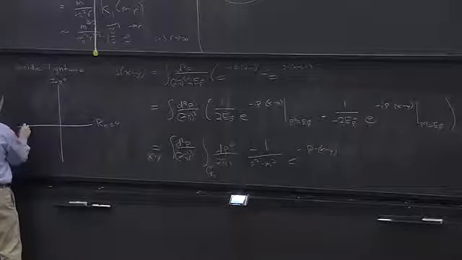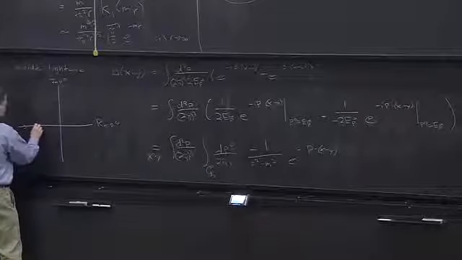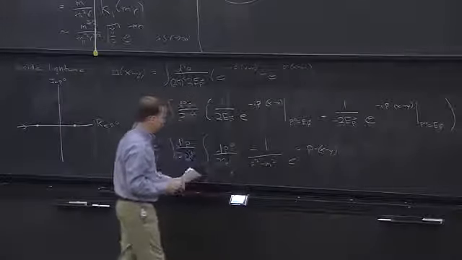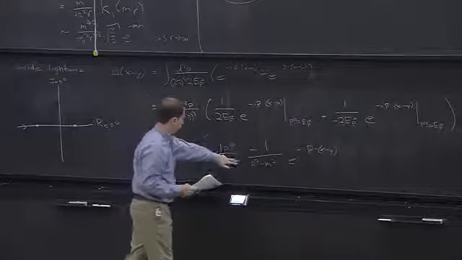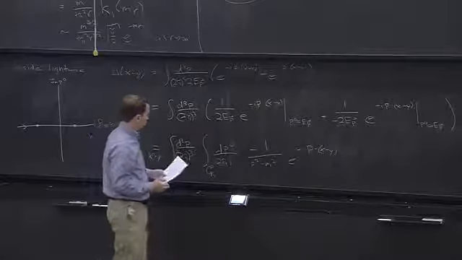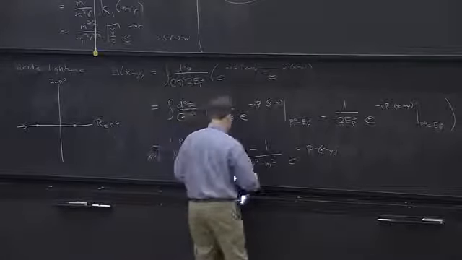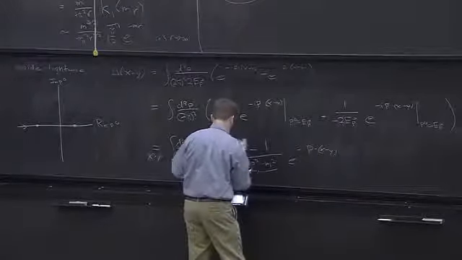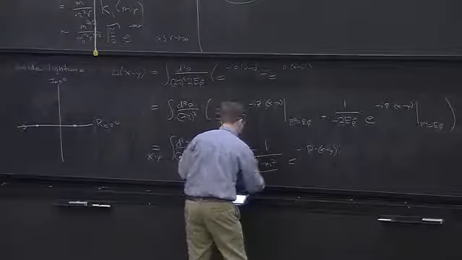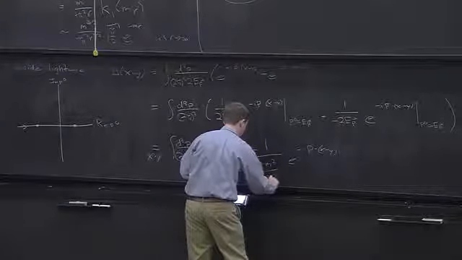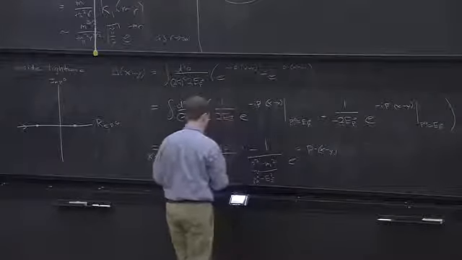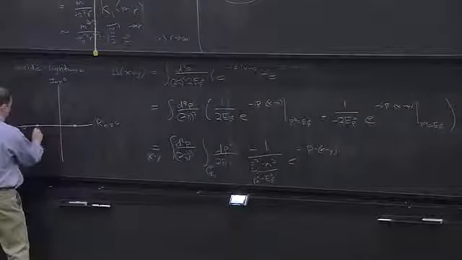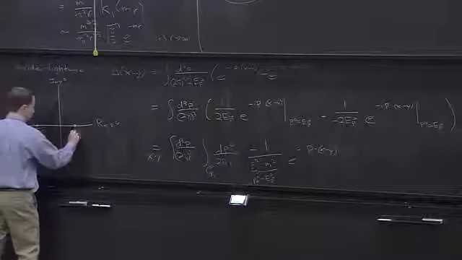The integrand here has two poles in the complex p0 plane. We can see that if we write this as p0 squared minus E_p squared, it's got poles on the real axis at plus and minus E_p.